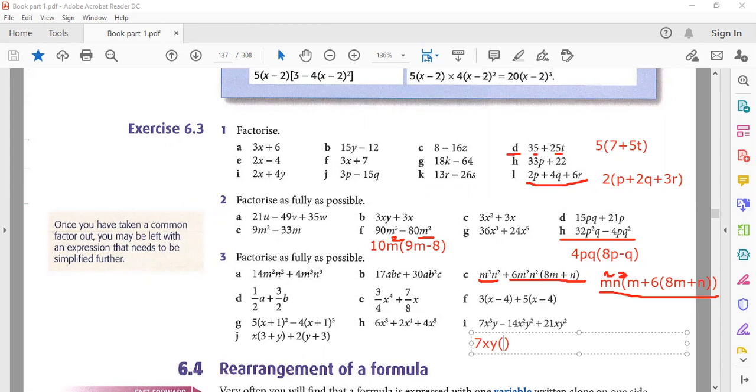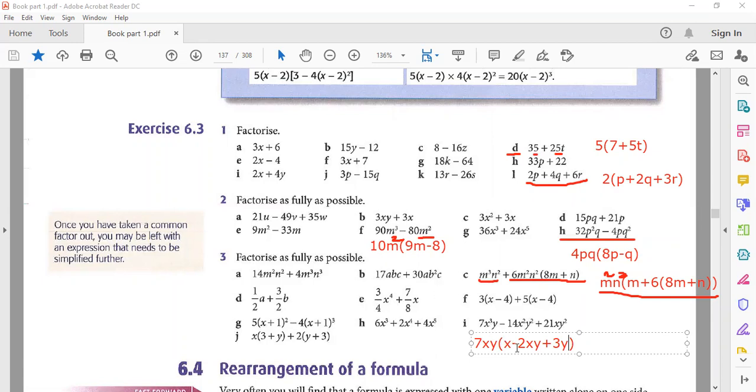Once I take common, how many x are left? 2x, meaning x square, and y minus 2xy and plus 3. If I take one x common, here there is only x and no y, and here only y and no x. So we need to put squares as well.